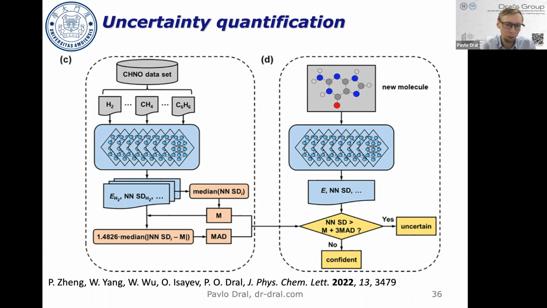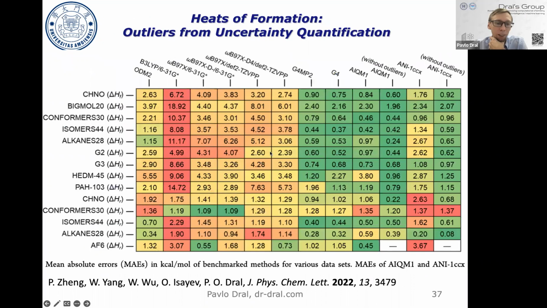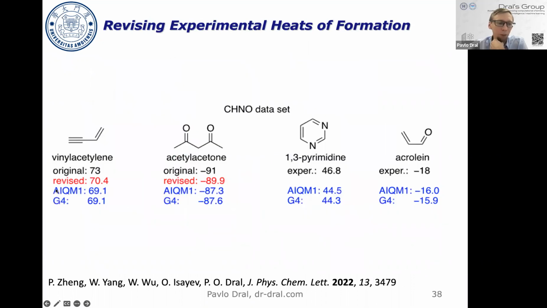And then we have other approximations. We have this harmonic approximation, which may not be very good. And also we have only one conformer. So there are many things which should be considered for real research. But if you just take it out of the box, this gives us a very nice estimate of whether it's good or not. And then if you have several good methods, like if you look at the AIKM1 and it gives you low discrepancy between neural networks, so you're confident in it.